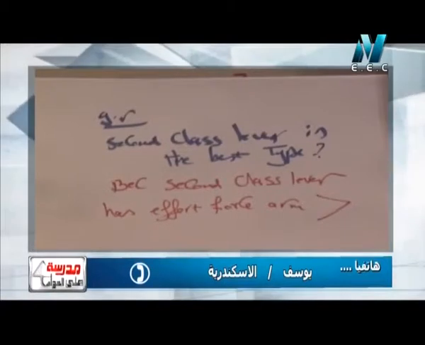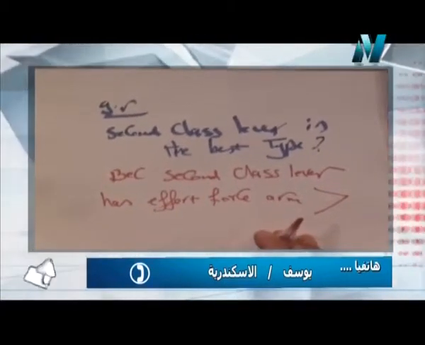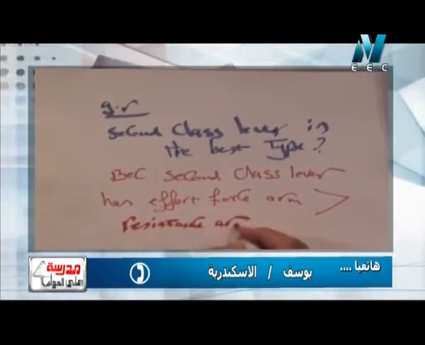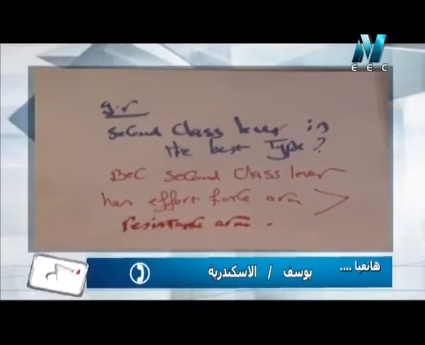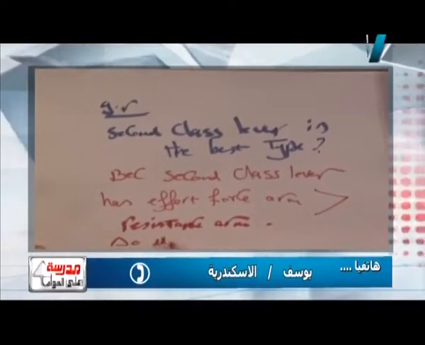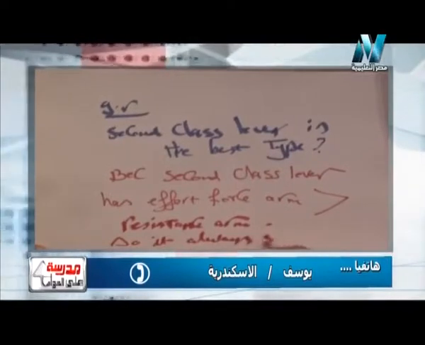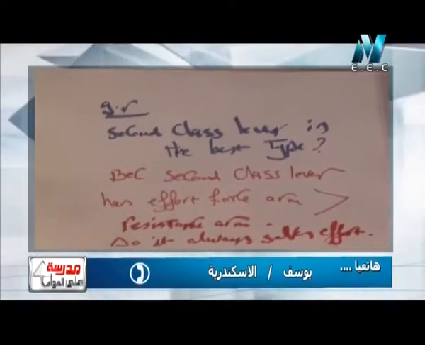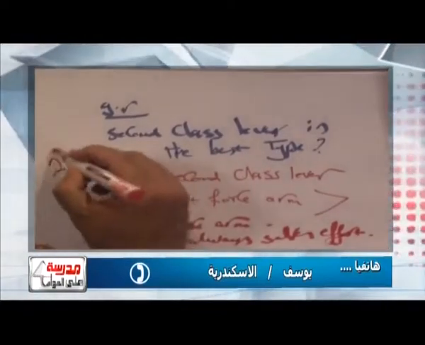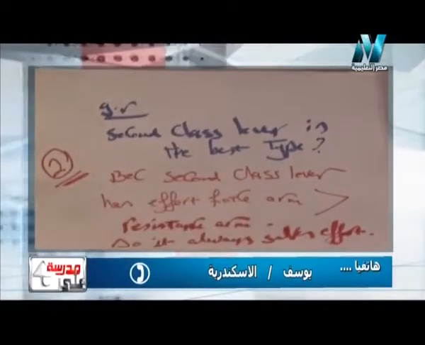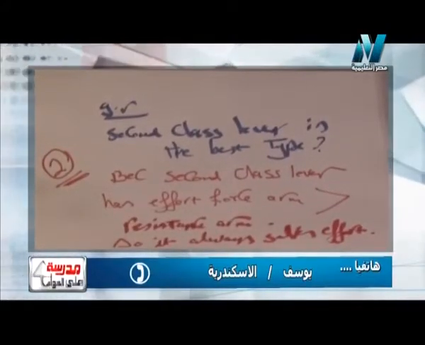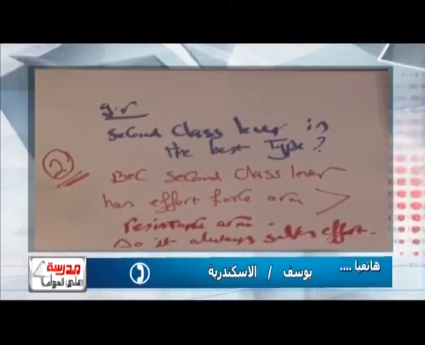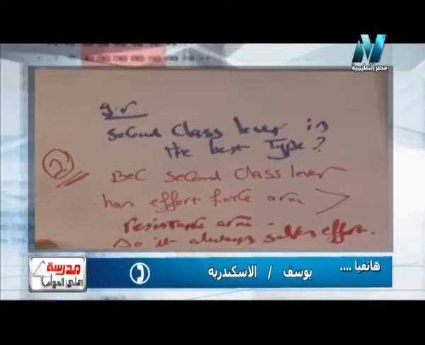Bigger than, larger than, or greater than, you know the sign. So it always saves effort. So we considered the second class lever is the best type because it always saves effort as it has effort force arm longer than the resistance arm. That's the last question for Yusuf.